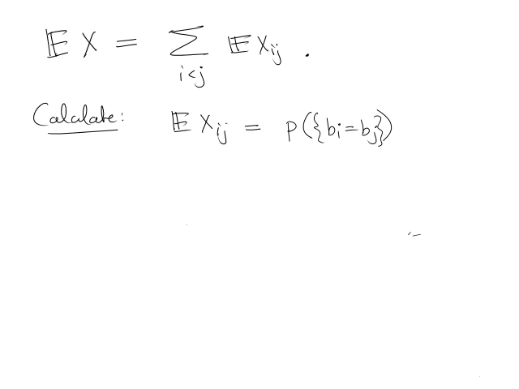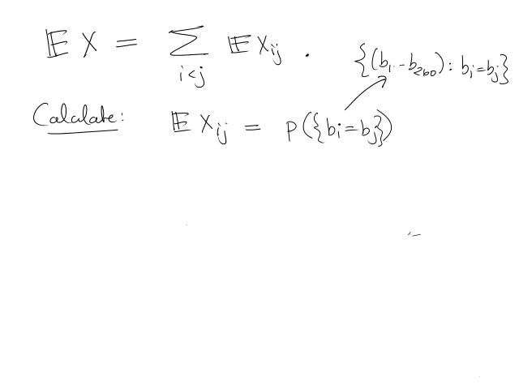So what I really mean formally by this is that it's the probability of an event. What's that event? It's a subset of all points in the sample space such that bi equals bj. Xij is the indicator of this event. And now I just do my very basic counting calculation.